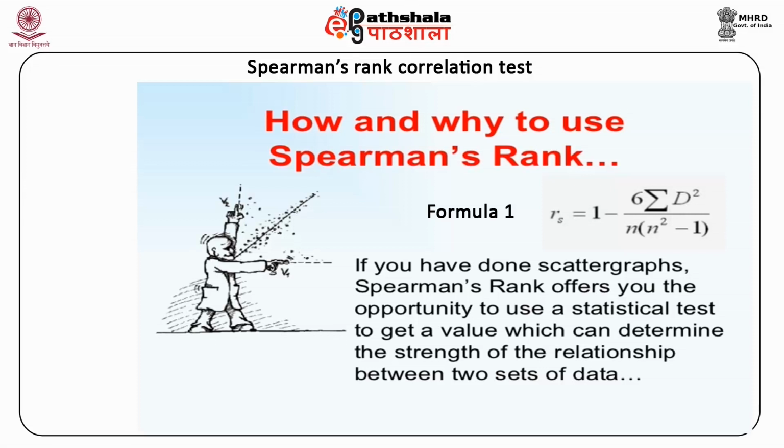The significance of the sample rs can be tested by using the t-test as shown in formula 2 with df equal to n minus 2. If the computed t-value exceeds the critical t-value, we may accept the hypothesis of heteroscedasticity, otherwise we may reject it.